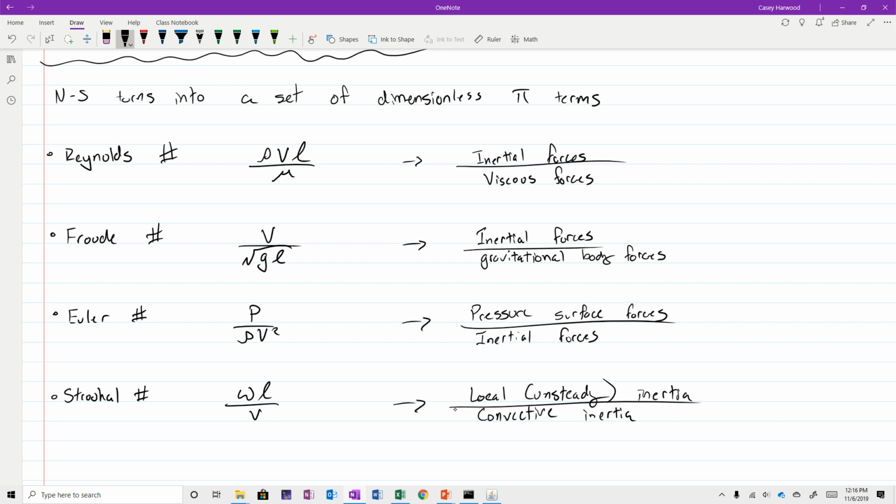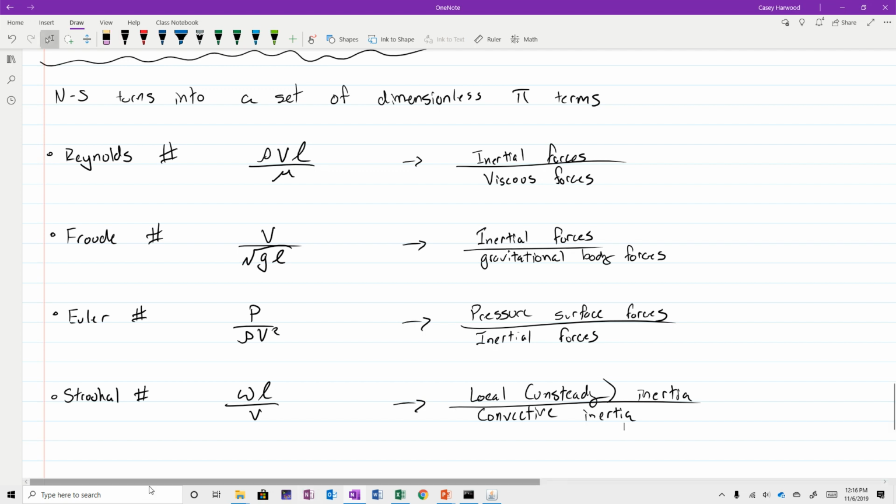These are sort of abstract representations, and it's not terribly important at this point that you commit these to memory. But the idea is I want to show you that these common terms that you'll continue to see as you continue in engineering are based on, and have, some physical significance.